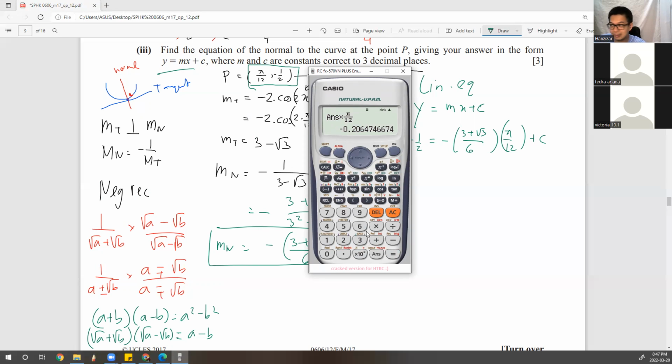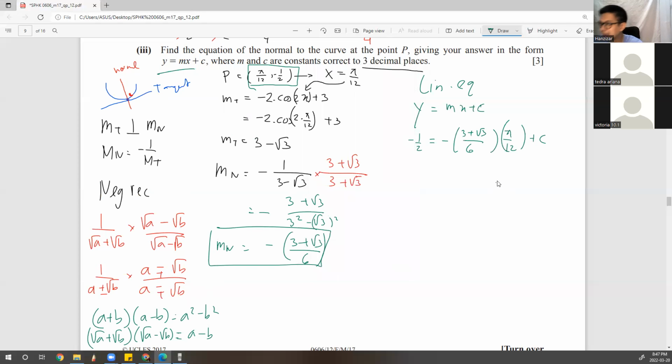Then negative 2.206 plus c equals negative 0.5. If one is decimal, everything is decimal. So c will be negative 0.5 plus 2.206, so it is 1.706.